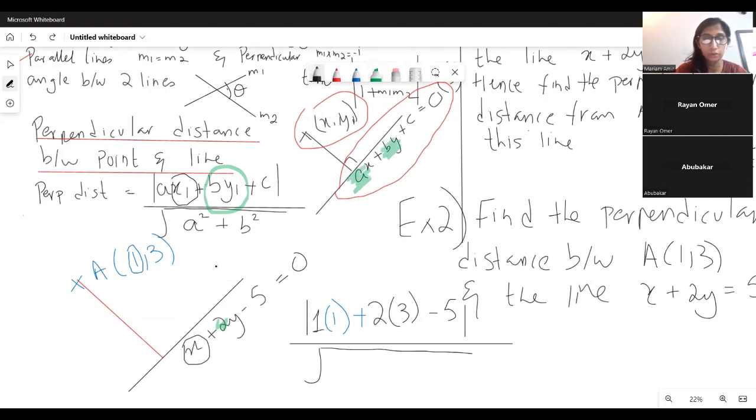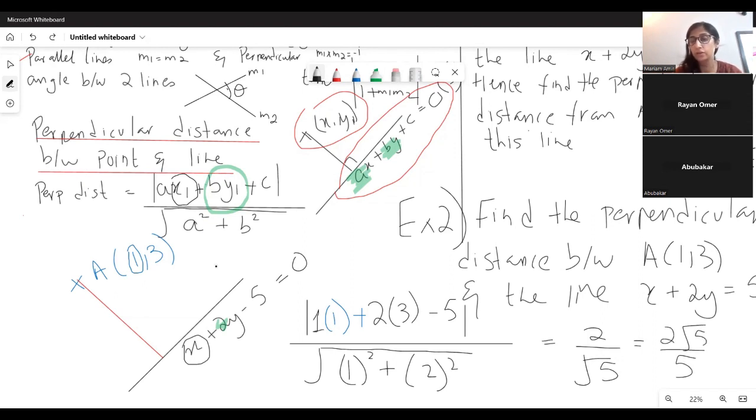So the square root of 1 square plus 2 square. Now, what is the numerator? 1 plus 6 minus 5, which is 2. So the numerator is 2 and the denominator is the square root of 5. When you enter this in the calculator, it will simplify it and give the answer, which is the same answer as before.